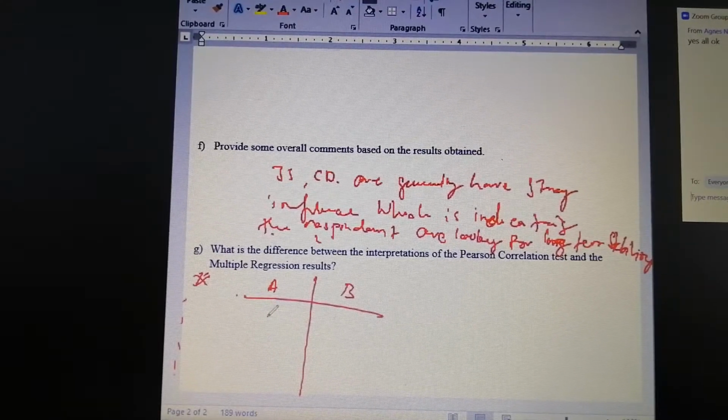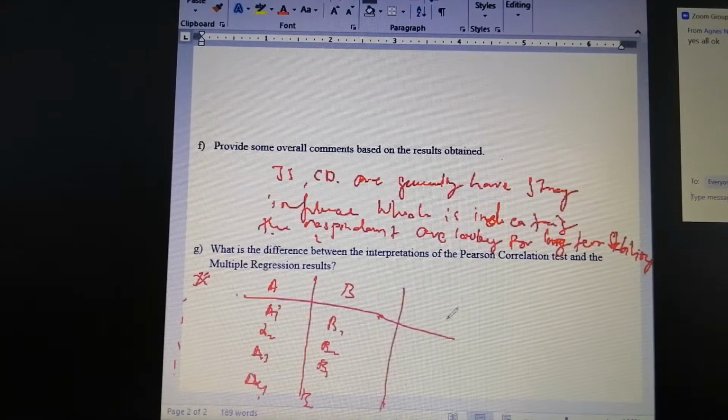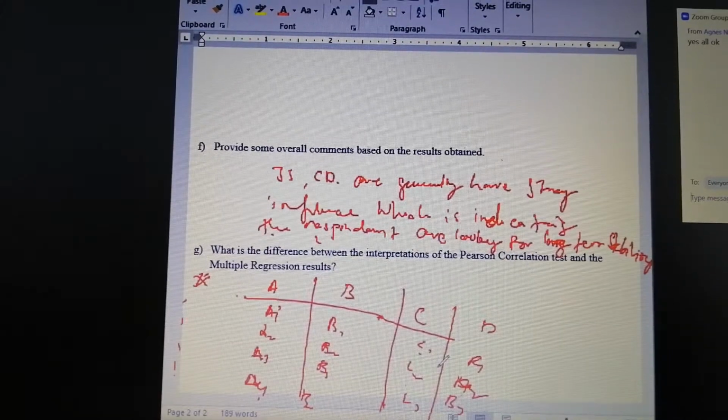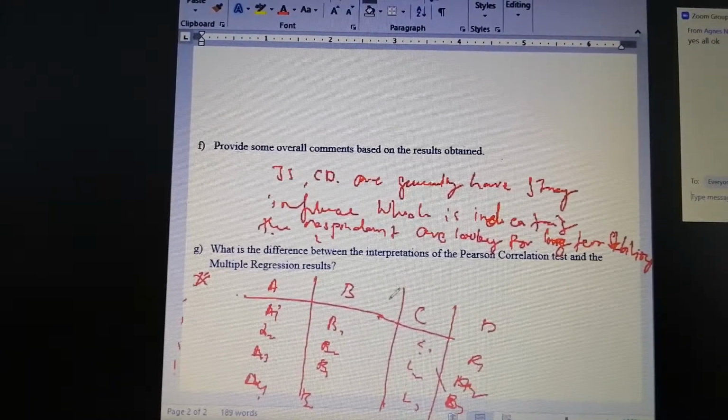You list down everything: maybe A1, A2, A3, A4, and so on, then B1, B2, B3, B4. Because it's a regression, we can add some more, so C and D, likewise C1, C2, C3, C4.